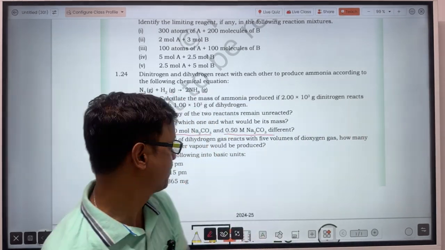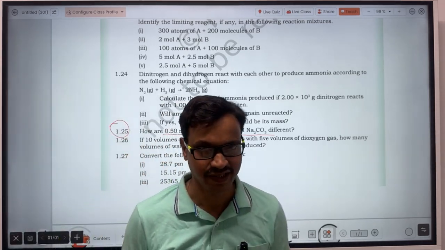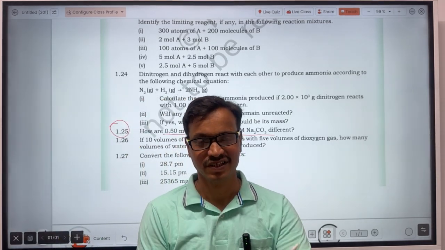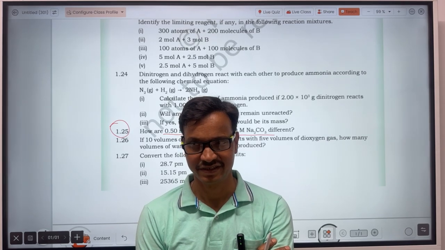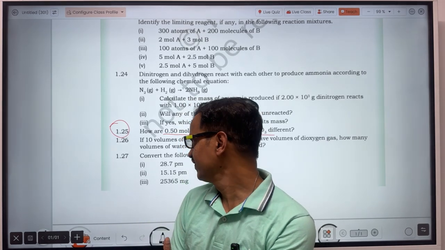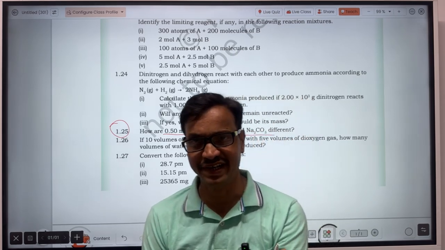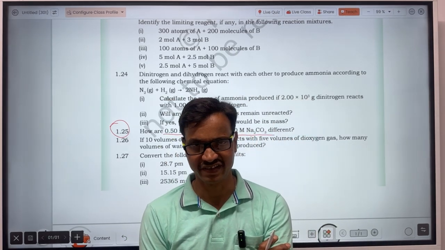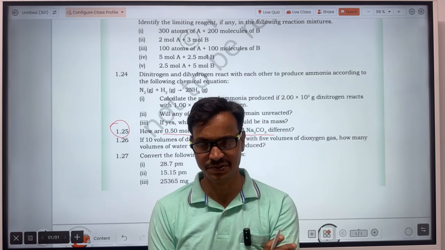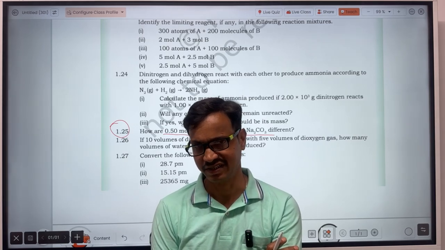Guys, 0.5 mole Na2CO3 informs you about the number of particles. That is, 0.5 mole Na2CO3 means the number of particles is 0.5 into 6.022 into 10^23.